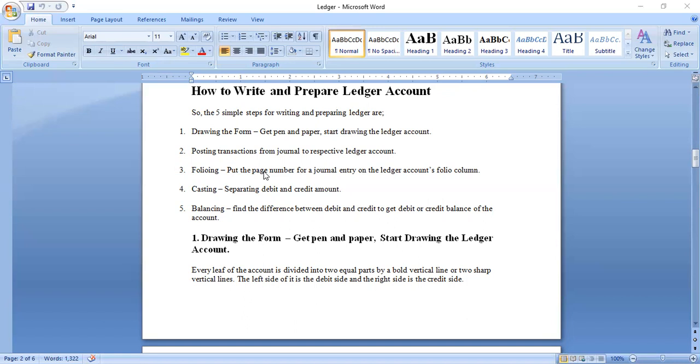Number 2, posting transactions from the journal to the respective ledger account. At the beginning, I said that any transaction must have two parties. One is the debit party, another one is the credit party.